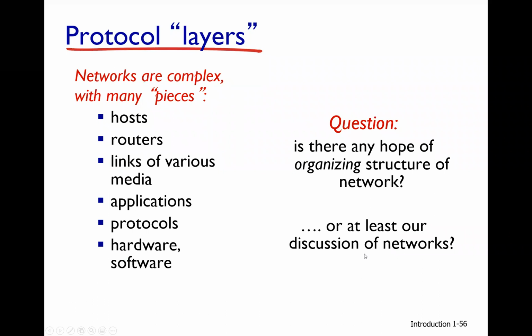Our next topic is really about protocol layers and their service model. This is a concept on how we structure the computer network. It's also an important one. It will guide our discussion in the following chapters.